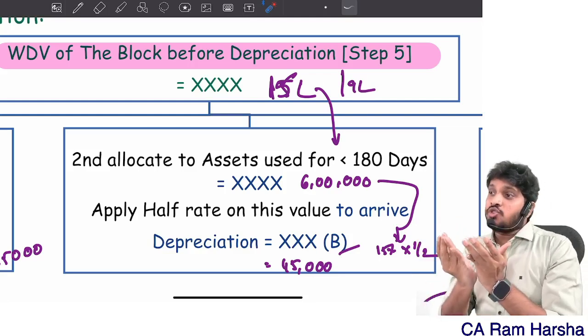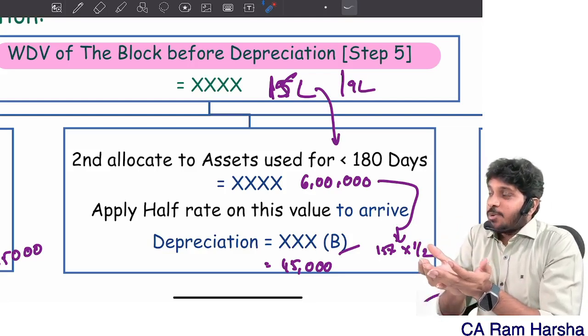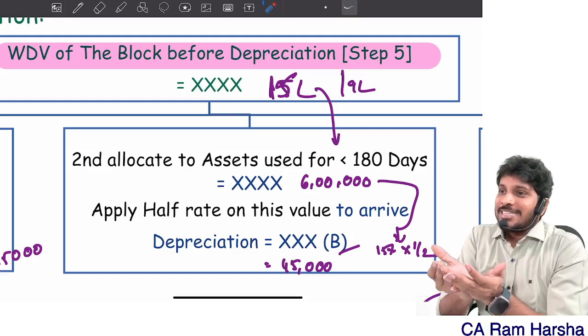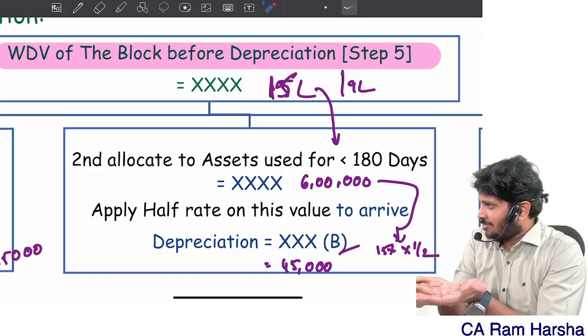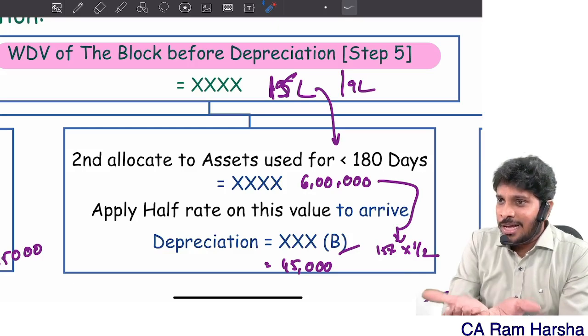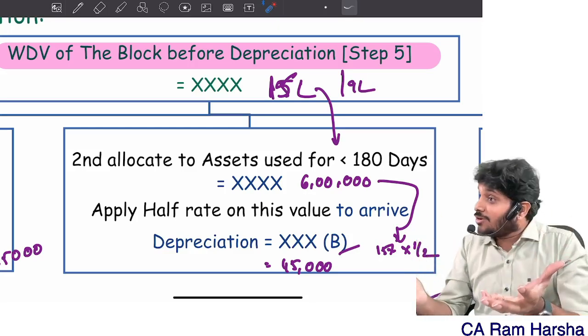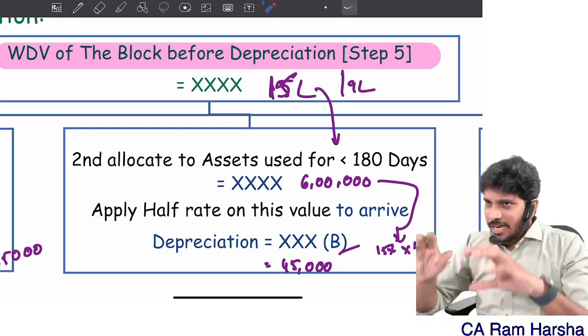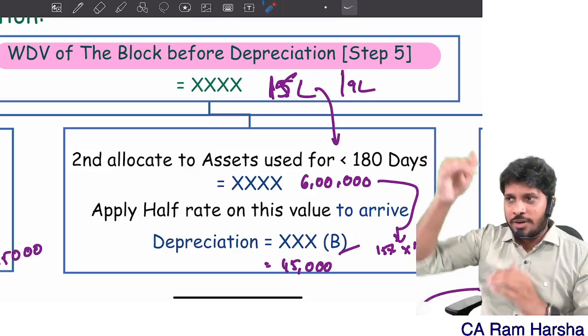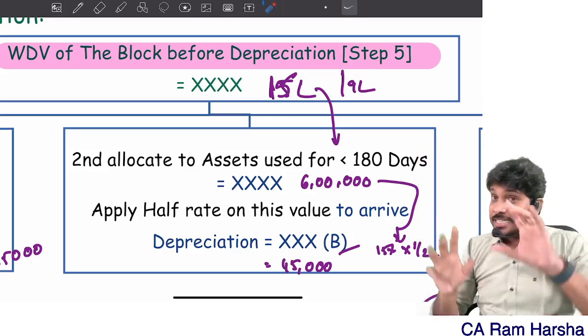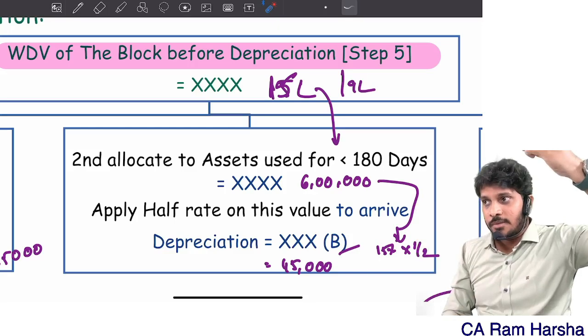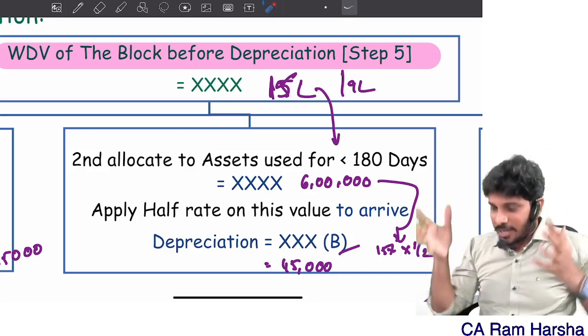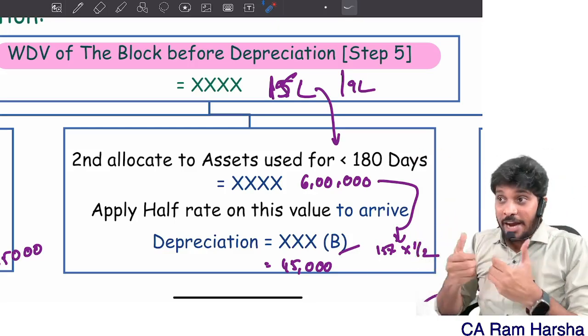If any value still left, that is belonging to new assets. Correct? Value available after sale, see, sale value belongs to old. After removing the sale value, if still some value is there, I should allocate that value.